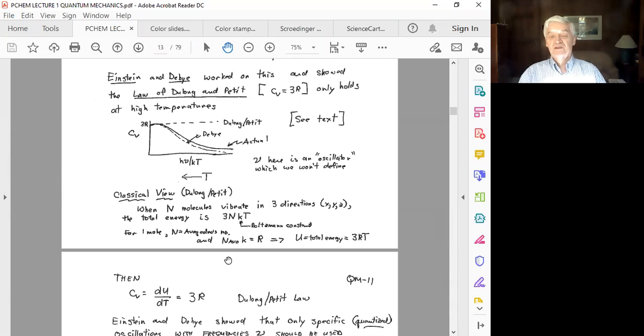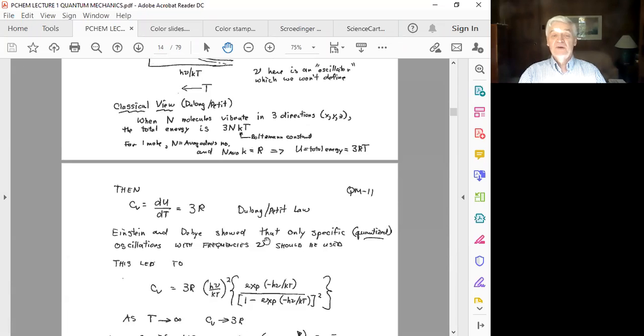If you convert this into ideal gas units, Avogadro's number times the Boltzmann constant is equal to the ideal gas constant, so you get that total energy is 3RT. And heat capacity, of course, is how much energy you have to put in per degree, and that comes out to be 3R if this is what you assume to be the internal energy.